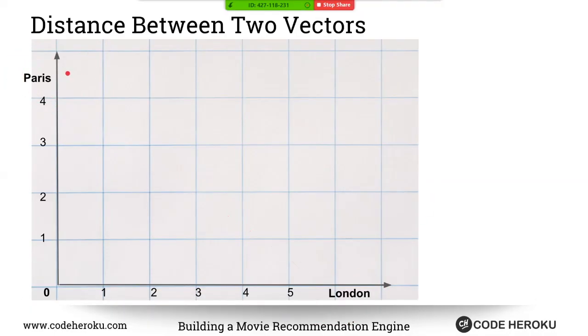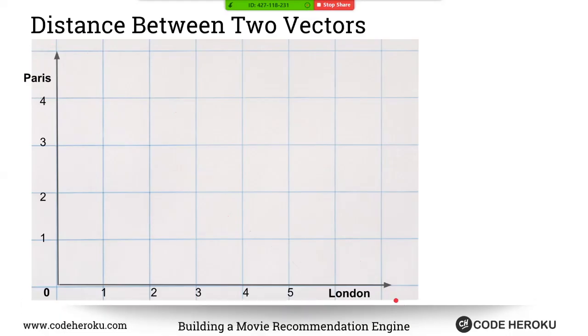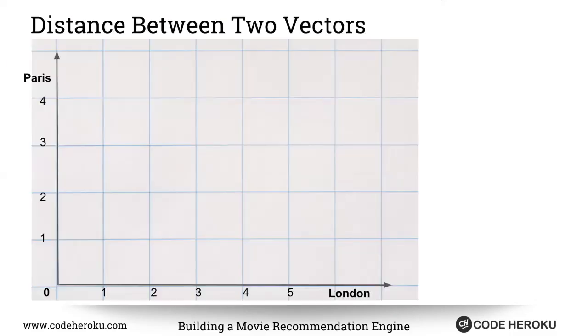Can someone tell me why we have just two axes, or why I said I have just two dimensions? Look at this sentence: London, Paris, London, Paris, Paris, London. I have drawn only two axes, London and Paris. Can't I have a third Z axis with something like New York?